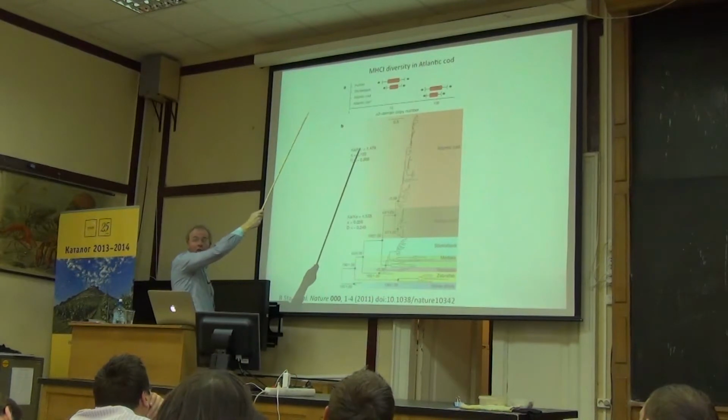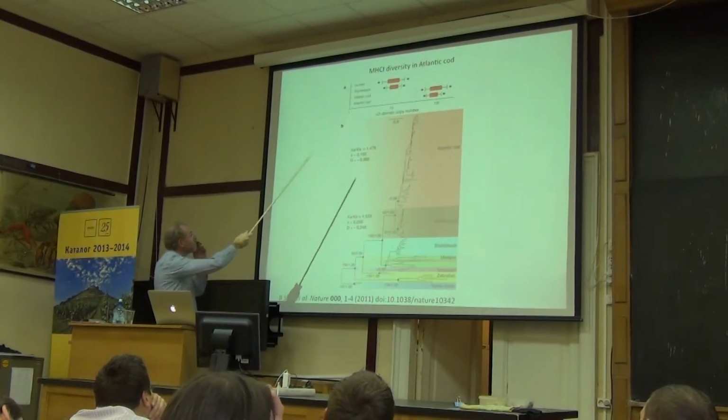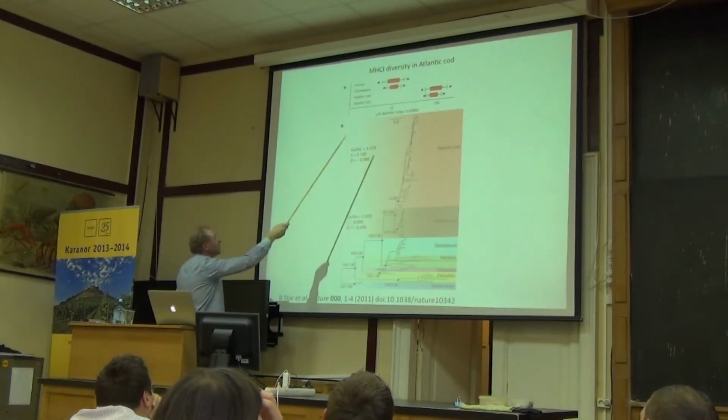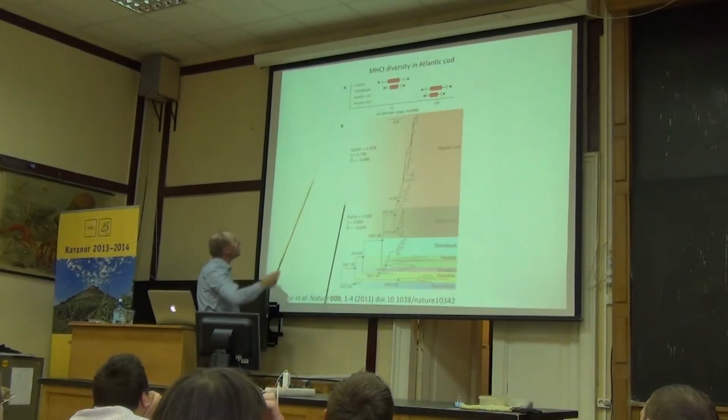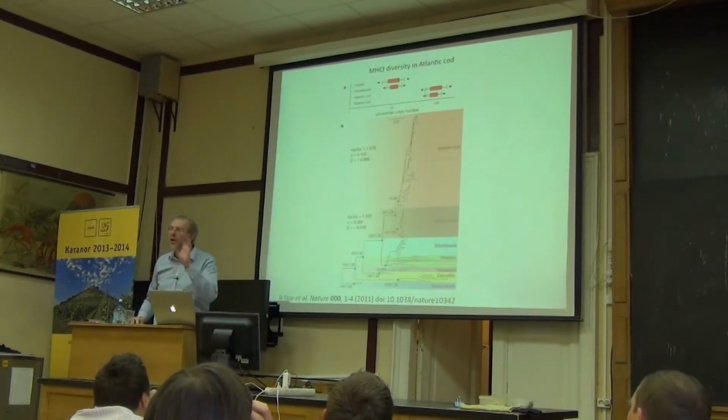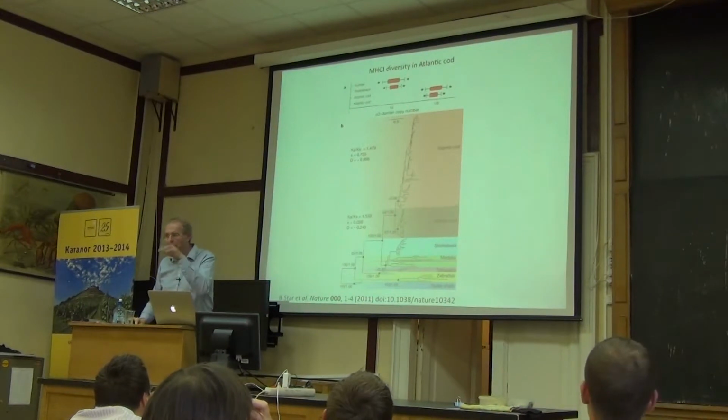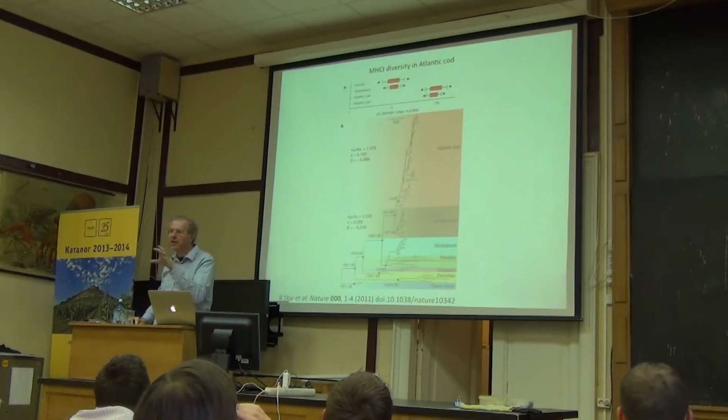Stickleback is another fish. They could have put in zebrafish, for example. And you see that they have, in this particular assay, about 10 genes. They come in different alleles, of course, but they have 10 genes.